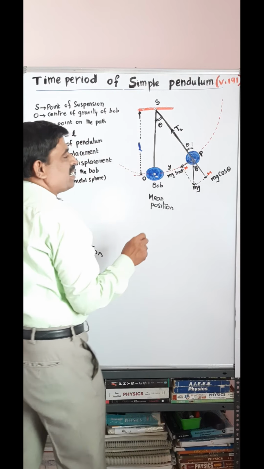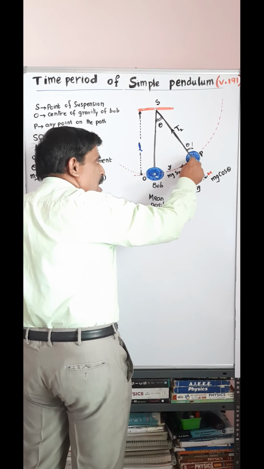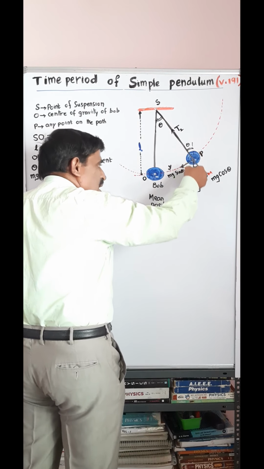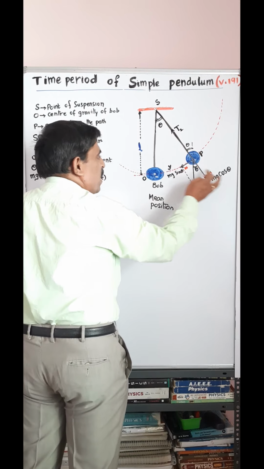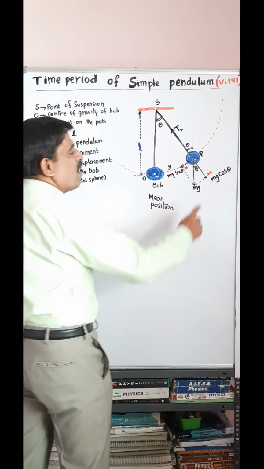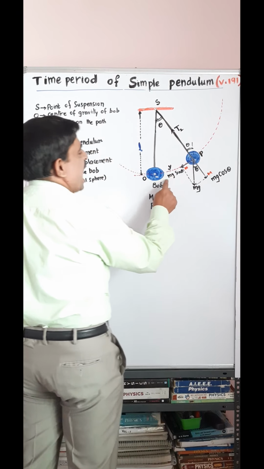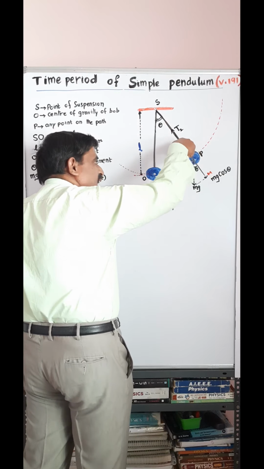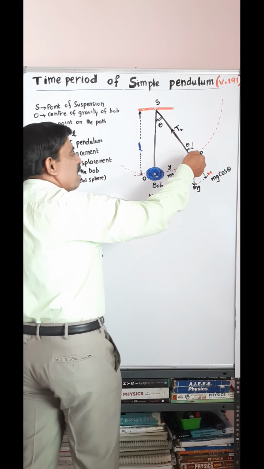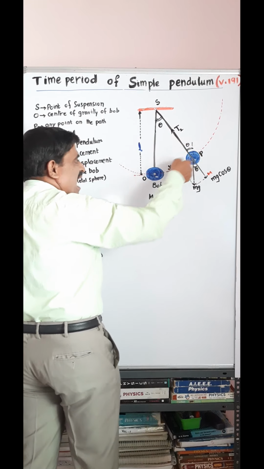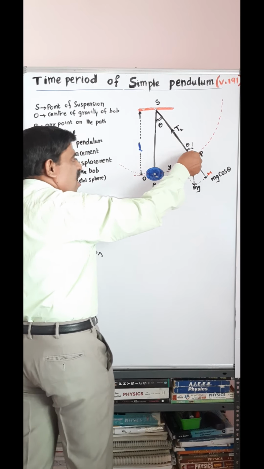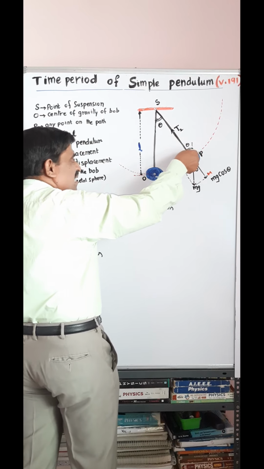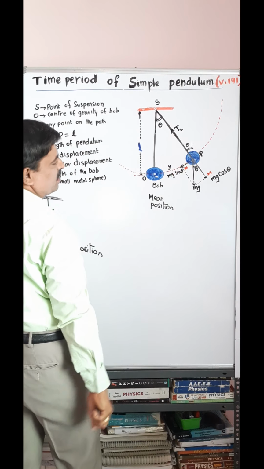Mg cos theta is acting along the PM direction. Mg sin theta is acting along the PN direction, along the arc, along the tangent to this arc.